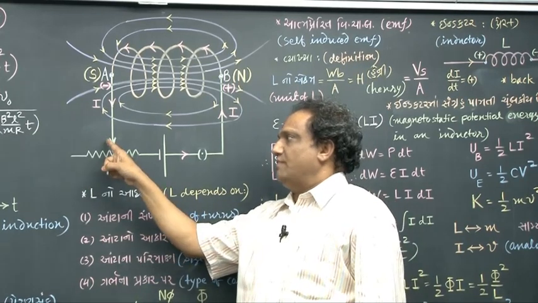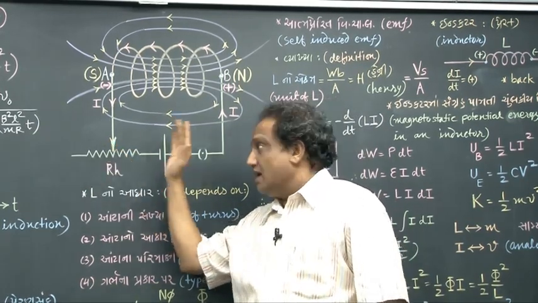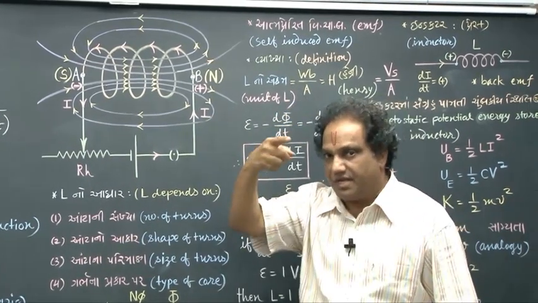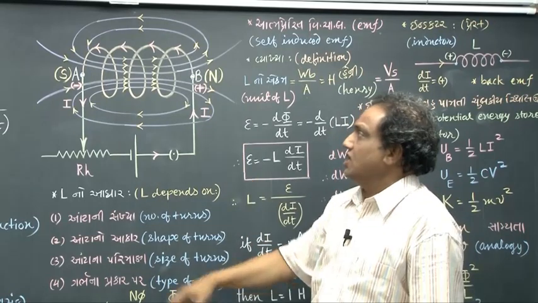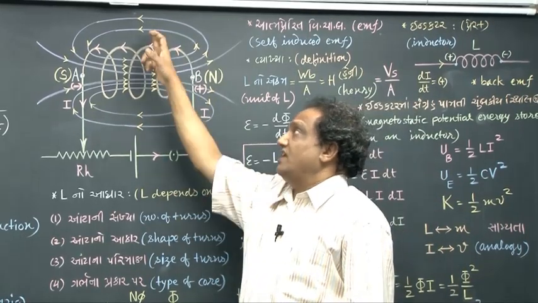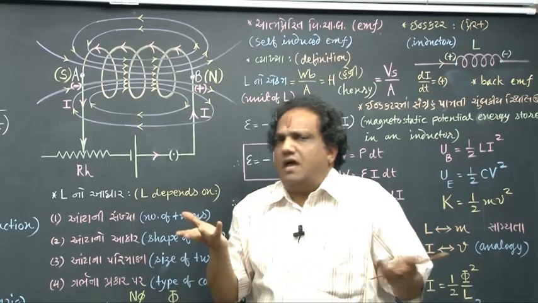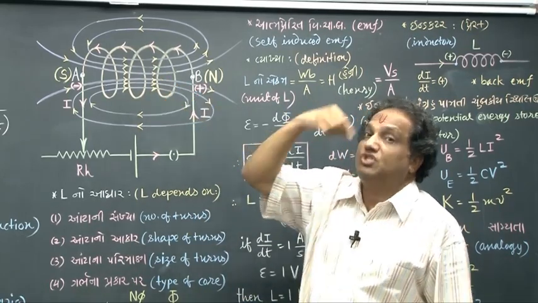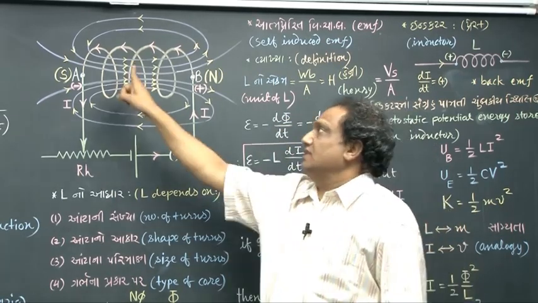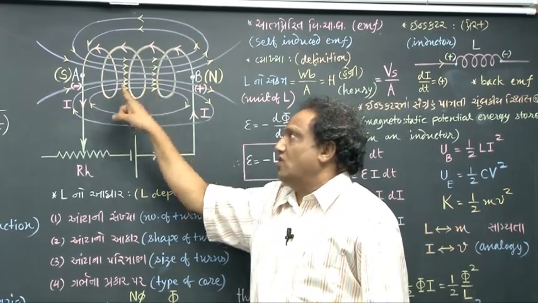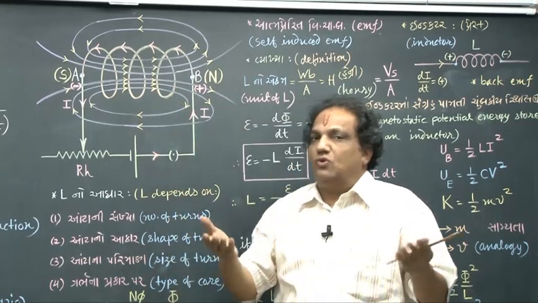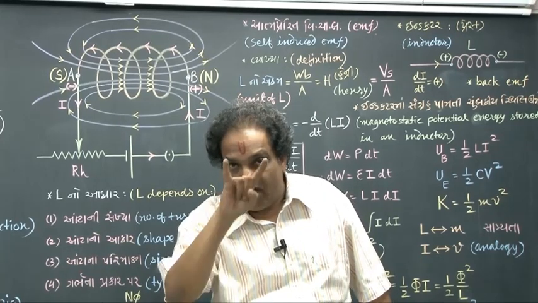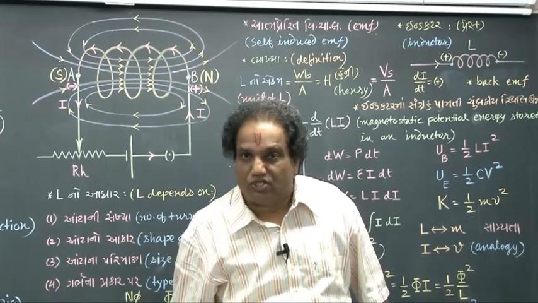So if you change the position of this variable terminal continuously, then this current will change continuously. Depending upon the value of current, you will have different values of intensity of magnetic field here. I mean to say, when you change this current, the strength of the magnetic field will also change. And depending upon that, the magnetic flux passing through this coil will also change. And don't you know, whenever there is a change in magnetic flux, we are going to get some induced EMF across the two ends of the coil.